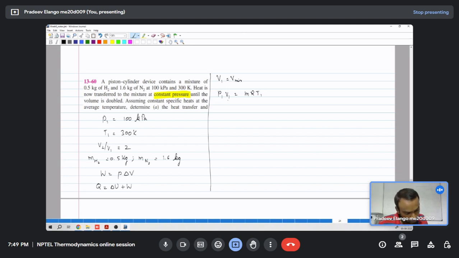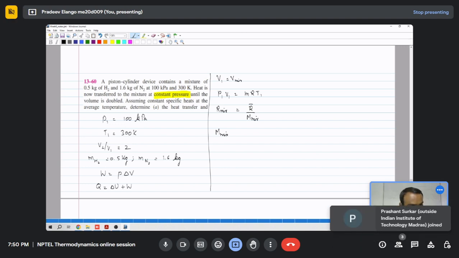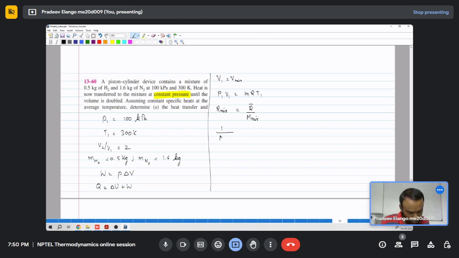Now V1 and P1 are known. To calculate R of the mixture, we have R bar by the molecular weight of the mixture. So calculate the molecular weight of the mixture.